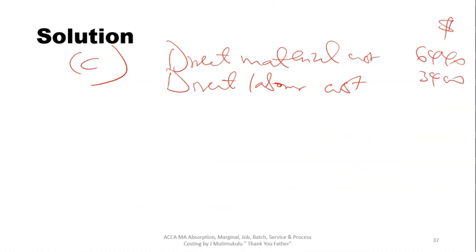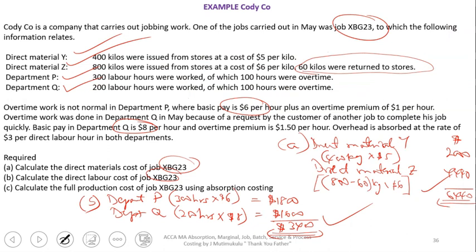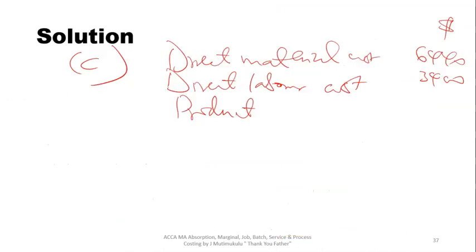But we have to consider the production overhead, because we are told overheads are absorbed at the rate of $3 per hour. So production overhead is being absorbed at the rate of $3 per hour.